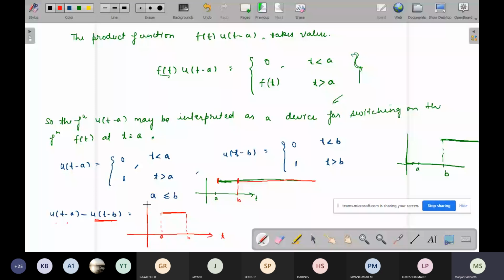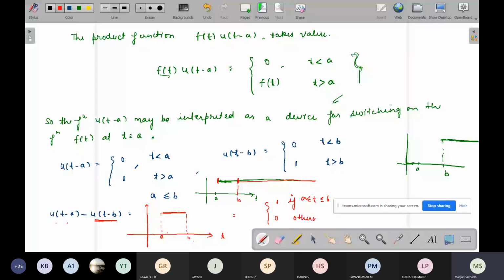So how to write this form? Because we have one value, so first write 1. See, the value is 1 when t lies between a to b, right? So 1 if t lying between a to b. Now 0 otherwise.